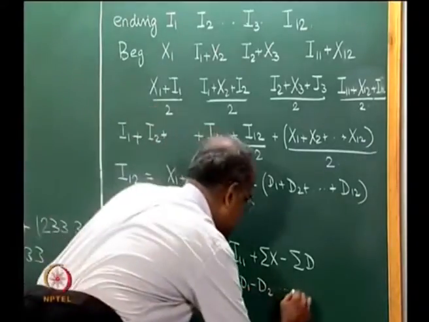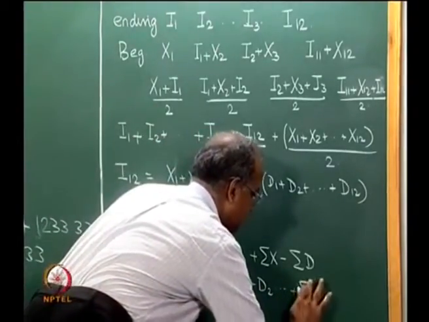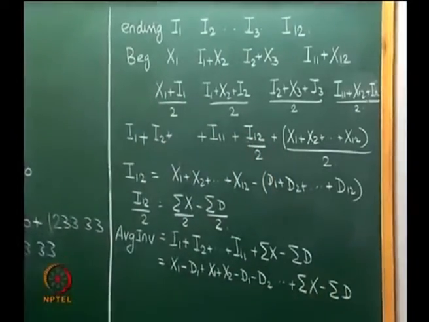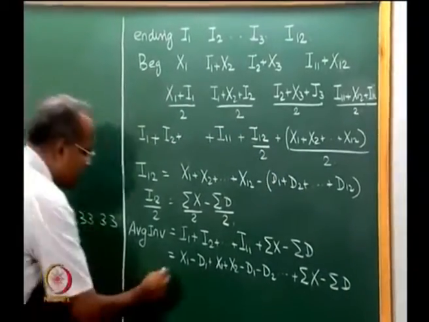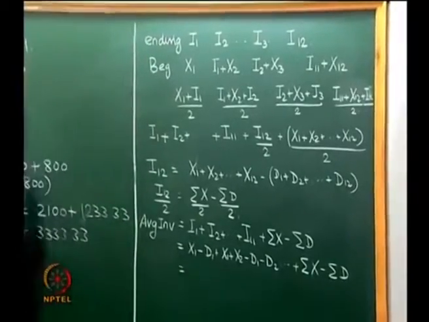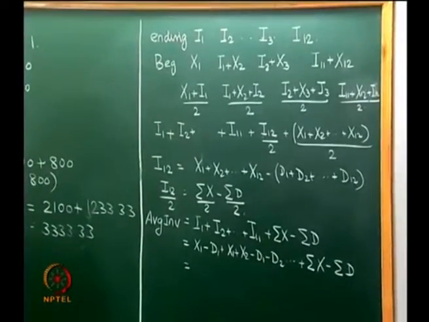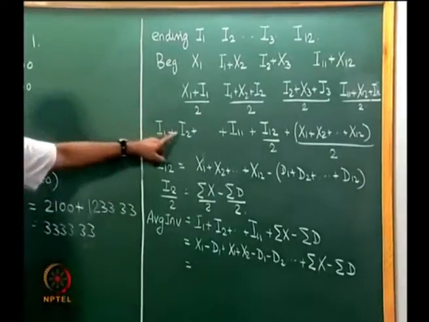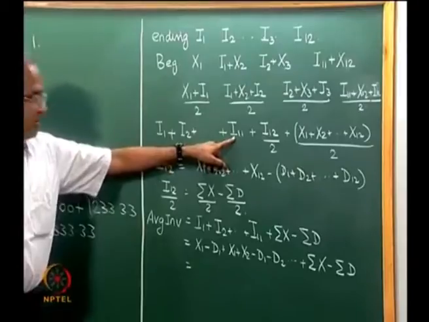Then plus sigma x minus sigma d. Now, you get I1 plus I2 up to I11, which is what I am writing.